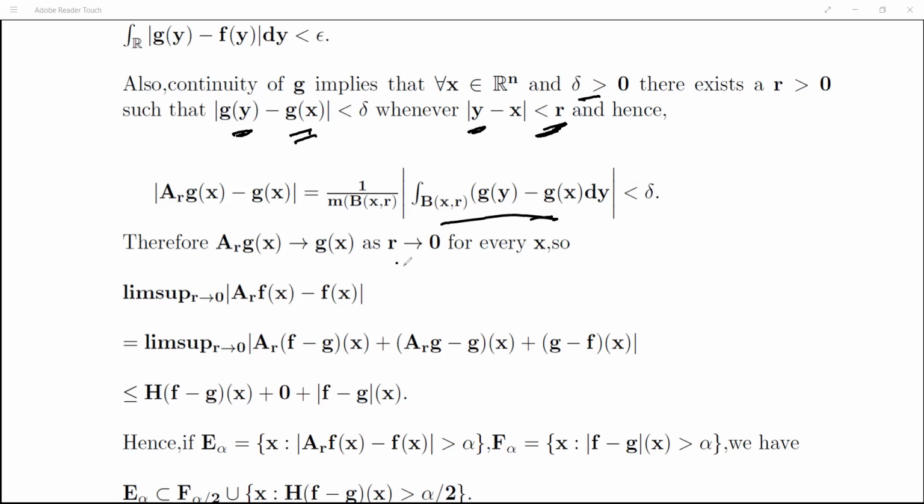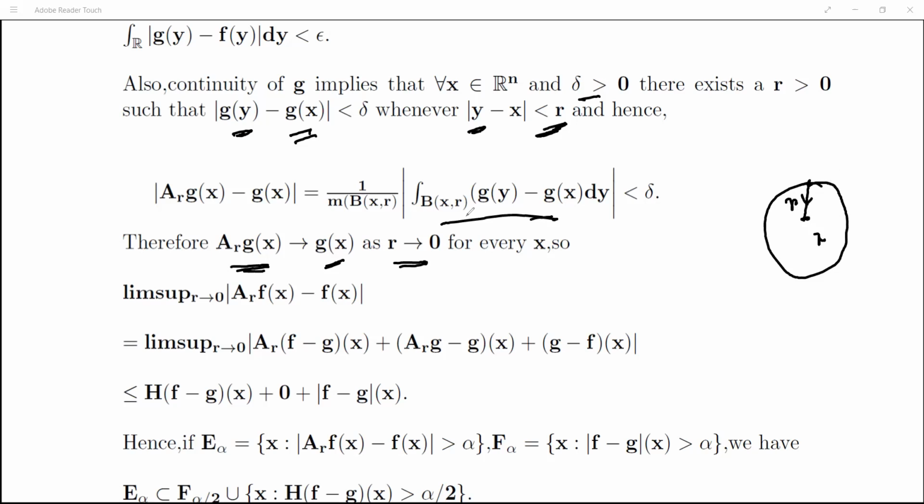So as r tends to 0, your average value of g will tend to the value of g at the point. So this is your x and this is your ball. You look at the average value of g on this ball and then take r tends to 0. That will tend towards the value of g at the point x because g is continuous.